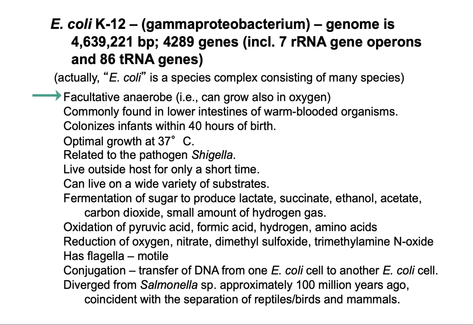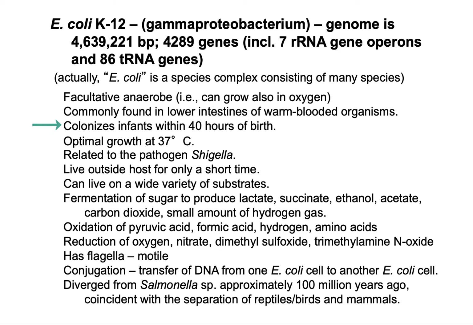So it's a facultative anaerobe, that is, it grows under anaerobic conditions in the colon, but it can grow outside in oxygen as well, so it can be aerobic. It's commonly found in the lower intestines of warm-blooded organisms, and it colonizes infants within 40 hours of birth.